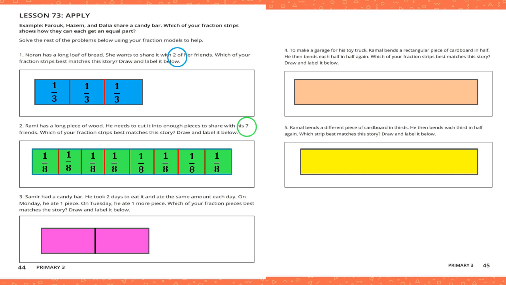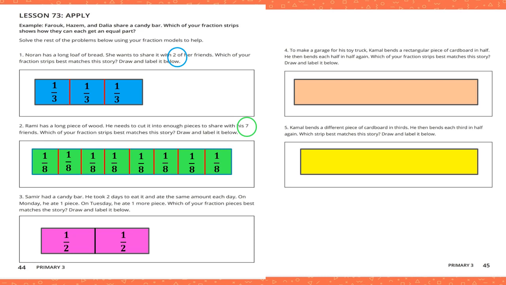Which of your fraction pieces best match? We divided it into 2 pieces. Each day he will eat 1/2, because they are 2 parts and he will eat only 1 part. So 1/2.